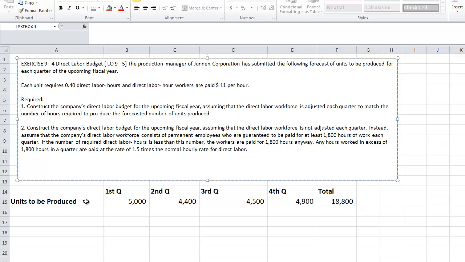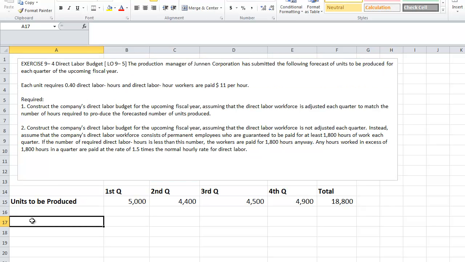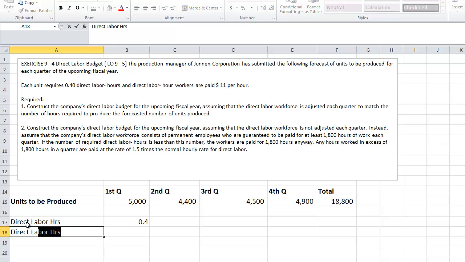So let's kind of put this down. So these are the units to be produced. Direct labor hours is 0.4, and direct labor price per hour is $11.